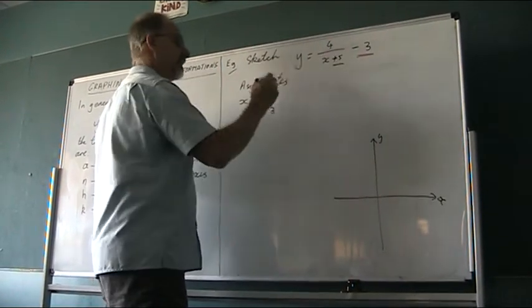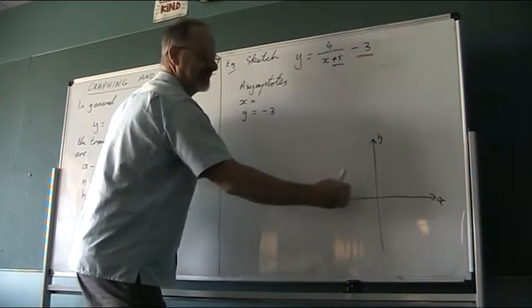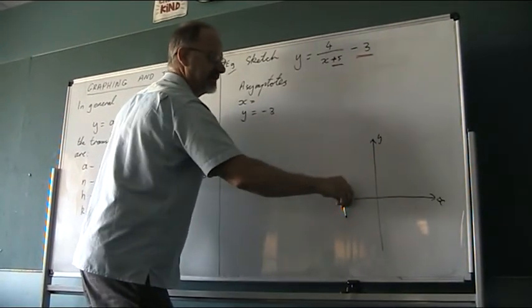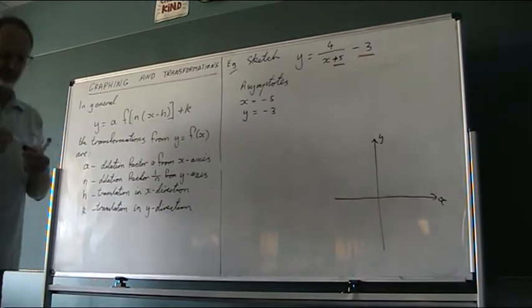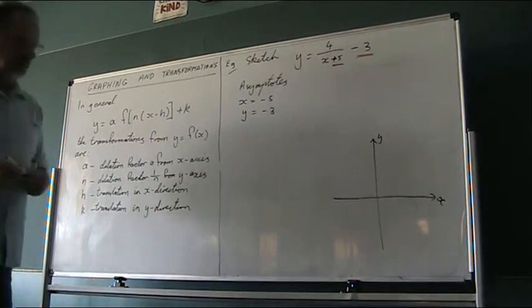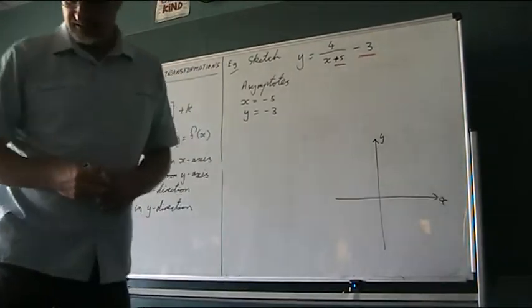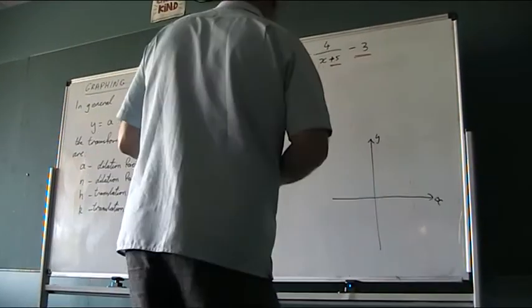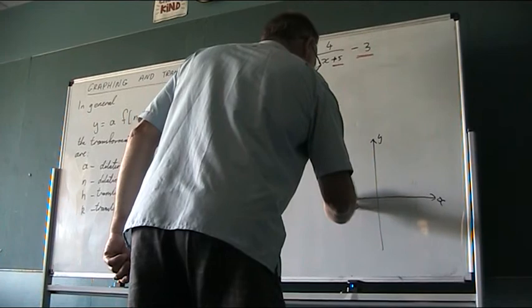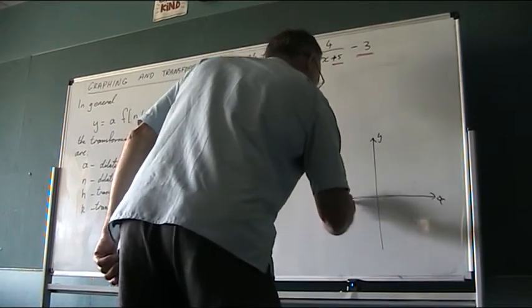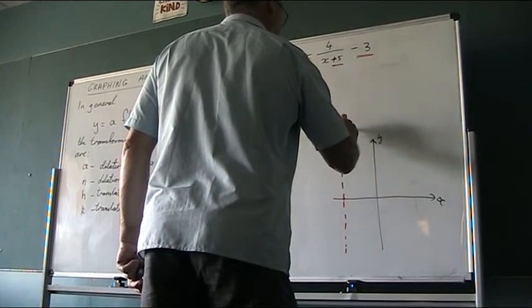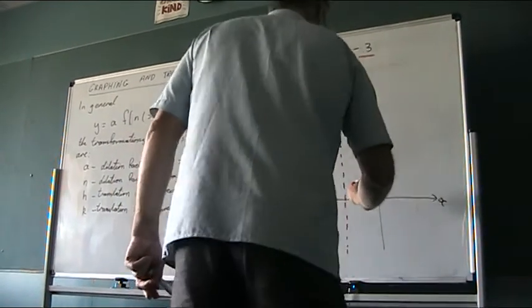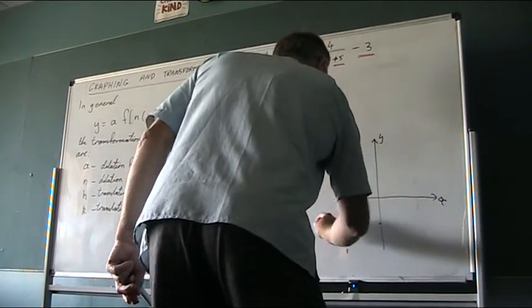So if it's going to the left, that asymptote's moved from here to down here, which is -5. All right, so let's draw in our asymptotes. There's -5 down there. -3, there it is there.